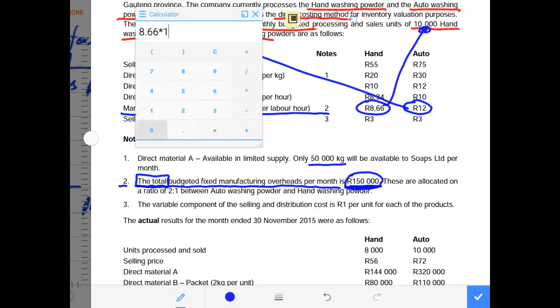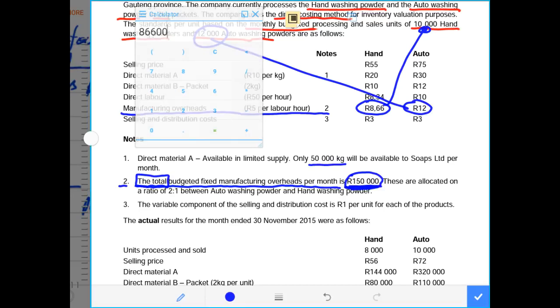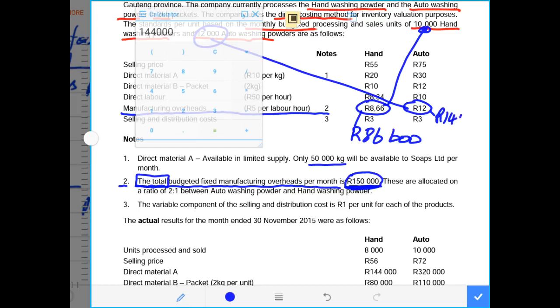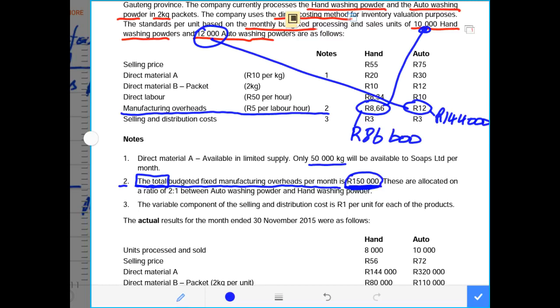The total budgeted manufacturing overheads will be 86,600 for the hand washing powder. And for the auto washing powder, it will be 12 times 12,000 units, which gives us 144,000 rands. This will be the total manufacturing overheads budgeted.